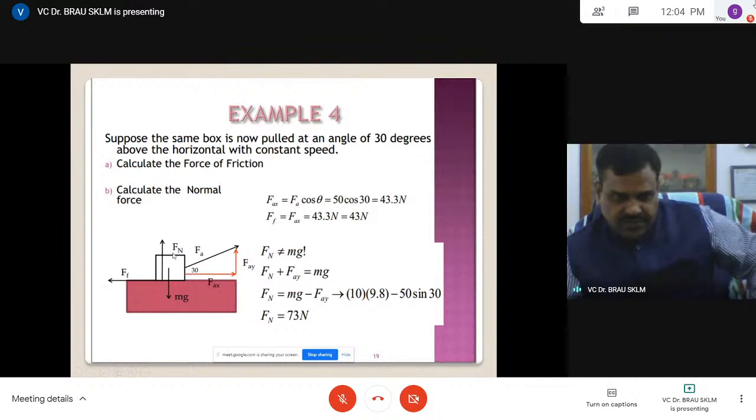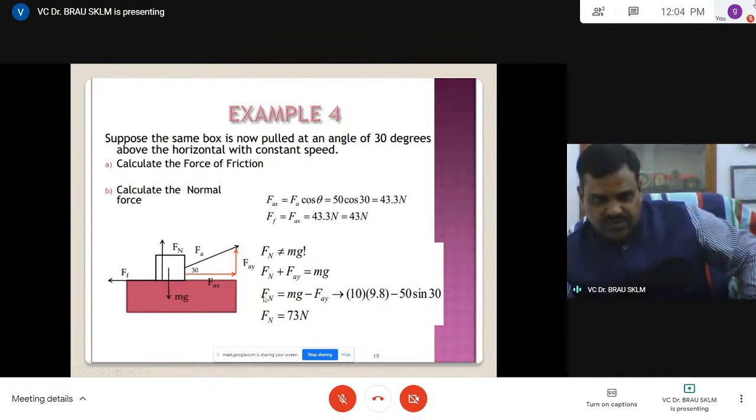Then here, in the vertical perpendicular direction, Fn and Mg, and this component is also vertical, FA sin theta. Here Mg is downwards, and FAY is upwards, Fn the normal reaction is upwards.